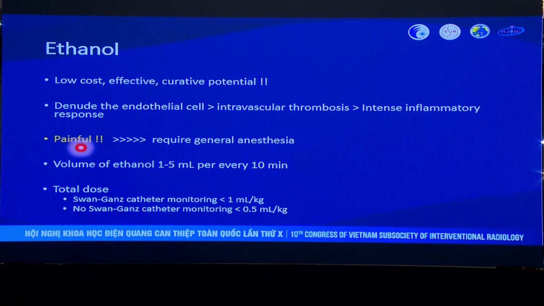It is very painful, so we need general anesthesia. We can use up to 5 cc of ethanol with a single bolus injection, and then we need a 10 minute interval because the pulmonary arterial pressure and cardiac heart rate should be normalized. Then we can use another bolus ethanol injection.